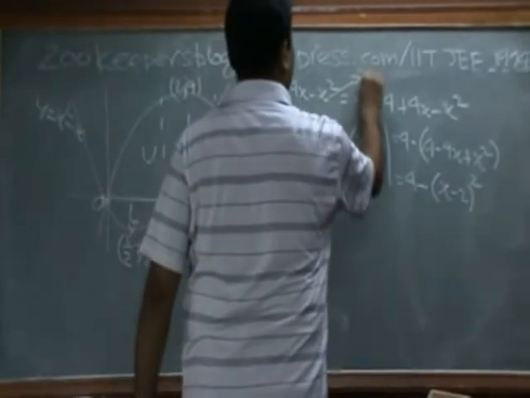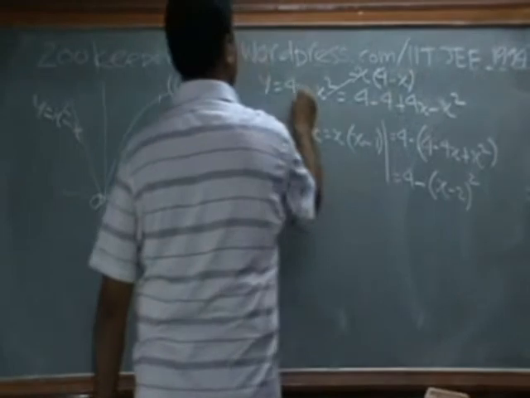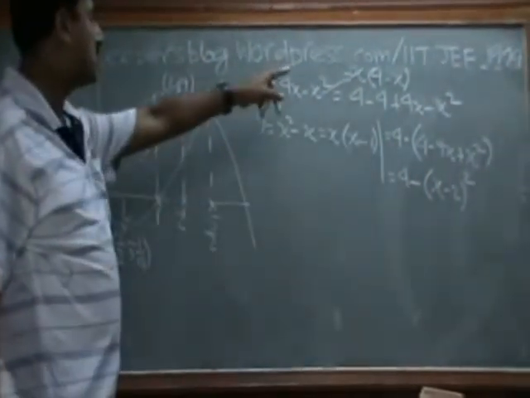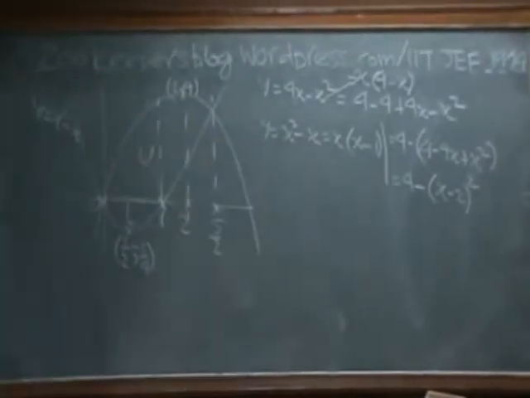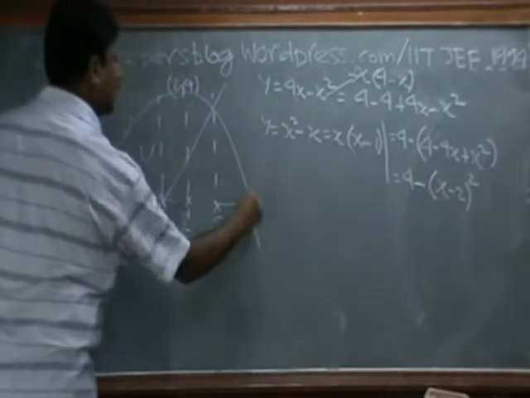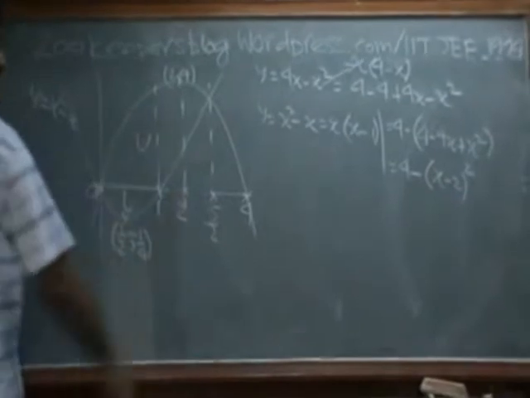If we take x common, it is x into 4 minus x. So that means again x is equal to 0 and x is equal to 4 are the roots. So this parabola passes through 0, 4, highest is 2, 4 and is symmetrical around 2.